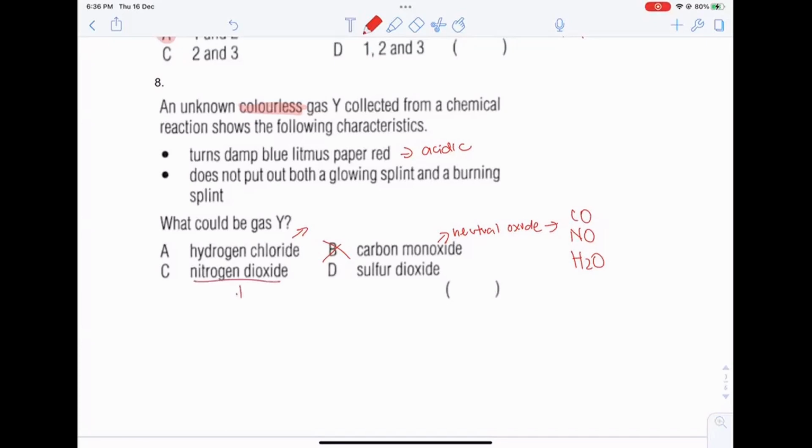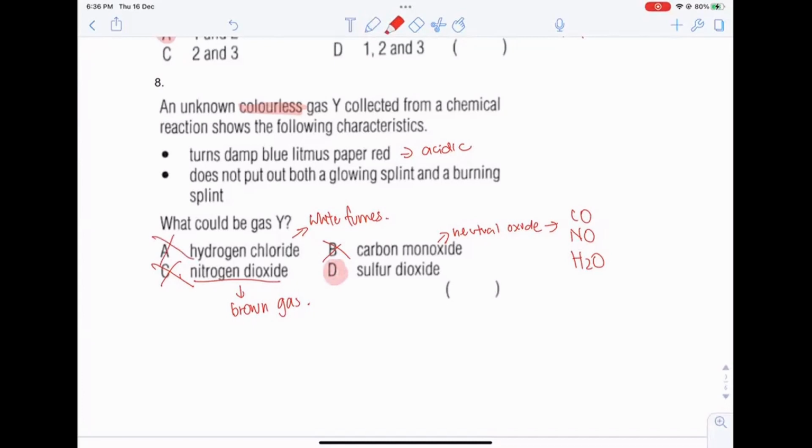Okay, nitrogen dioxide. This is another thing that you are not taught, but you have to know. It is a brown gas. Did we say it just now? Yeah, we said just now. So nitrogen dioxide is a brown gas, so it's out. Hydrogen chloride, you will have white fumes, white gas. So it will not be completely colorless, so it's out.